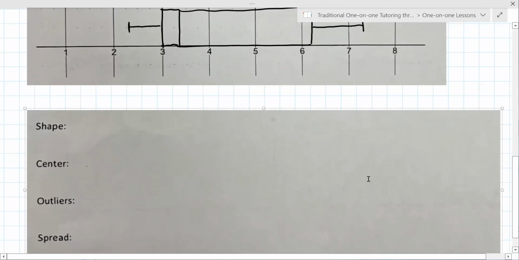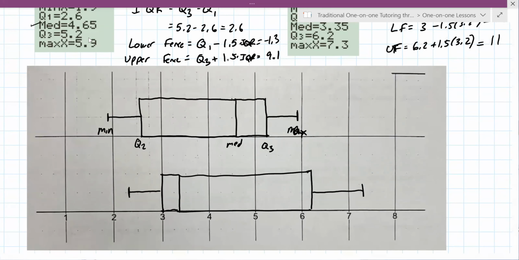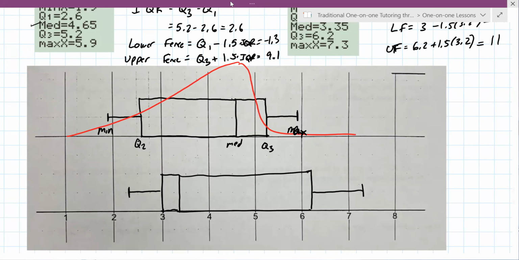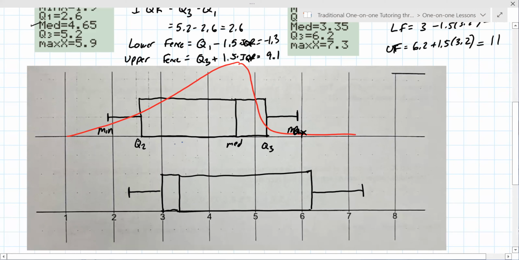Okay, here we go. The shape. There are two types of shapes here. On this top one, if I were to draw a normal curve over this, and this comes later in the course, most of the tail is going to be like that, and then it's really short here. And then the one on the bottom, by comparison, falls off pretty quick here, but it's got a much longer tail on that side.